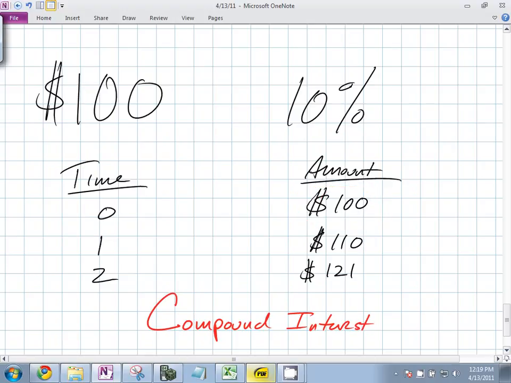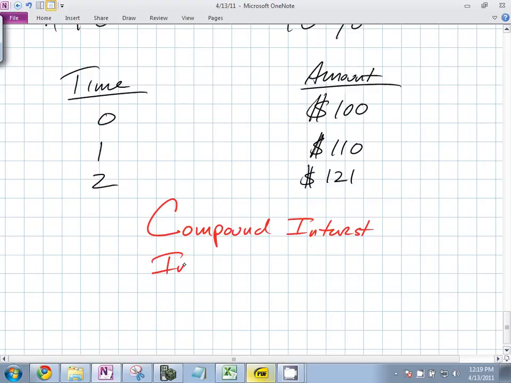You all said that was good. You're earning interest on what? On interest. You could theoretically have an account where you put $100 in it, and every year you take $10 out of it, right?